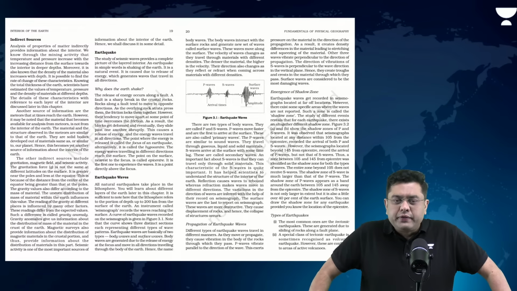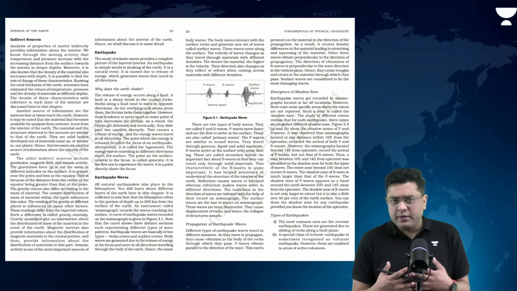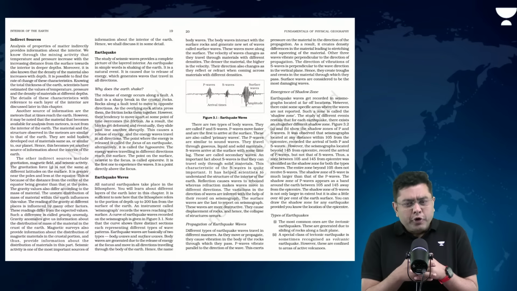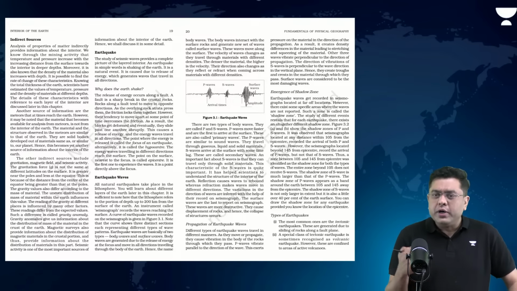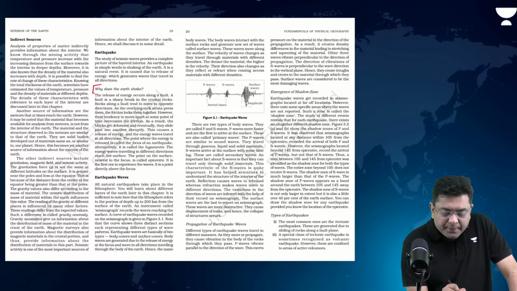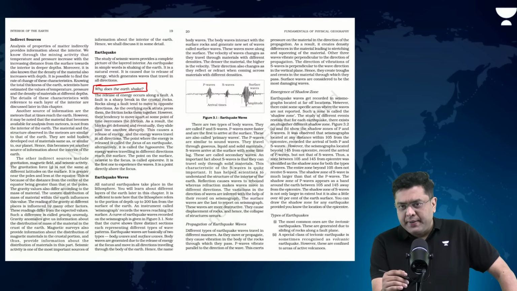Earthquakes have been occurring across planet Earth since the time of its formation, and they have disturbed humankind for the longest duration. So, when we talk about earthquakes, why does the earth shake?